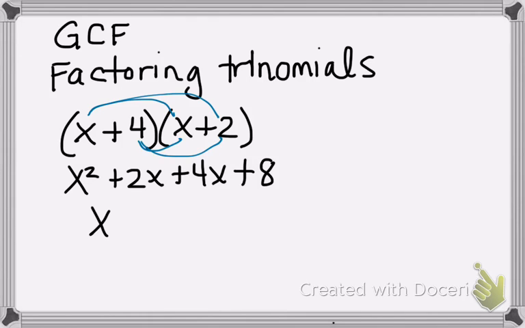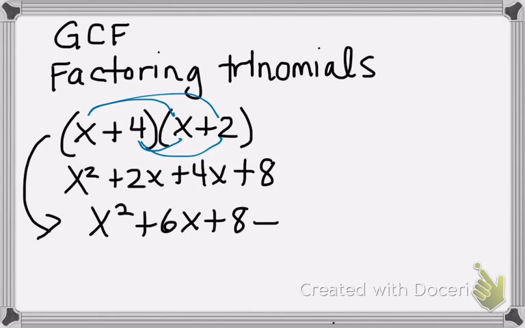And then we had x squared plus 6x plus 8. So what we're going to do today is, instead of multiplying and going from here to here, we're going to start with the trinomial and factor and get back to what we call our two factors.